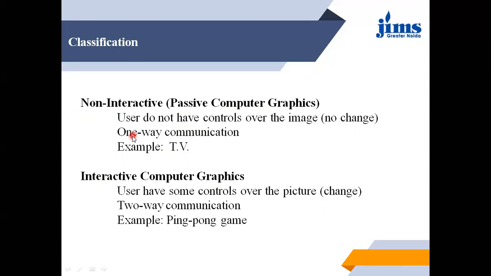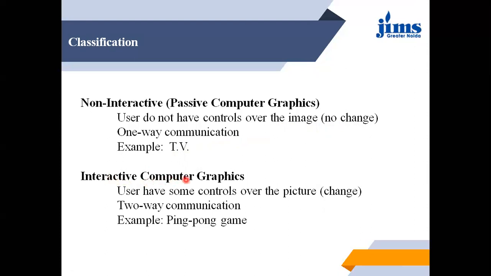This is a one-way communication, meaning the user does not have any control over the image; the user cannot edit or change the image or object. For example, whatever we are seeing on the TV, we cannot make any change to it, so that is one-way communication.